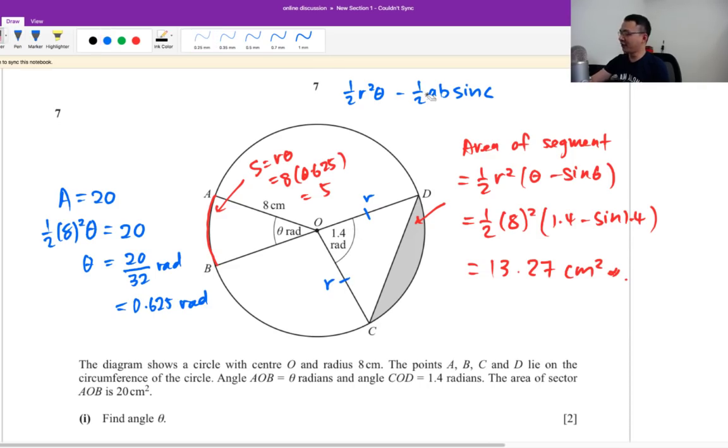So therefore I change the triangle formula to half r times r, so half r square, sine of the angle in the middle, so sine theta, and then I factorize out half r square. Then I get theta minus sine theta. So this is the formula for segment. This is how the formula of segment comes from. I hope you can understand.